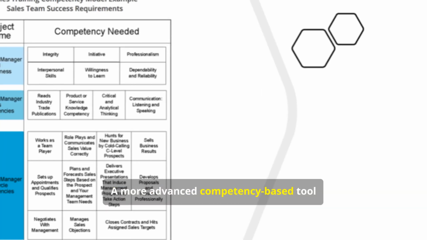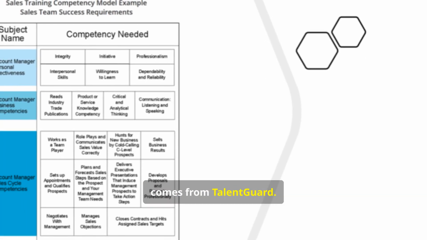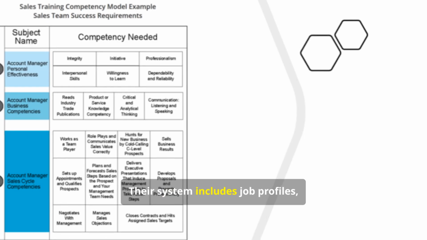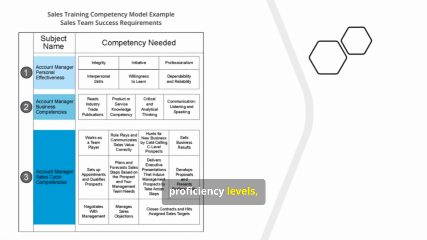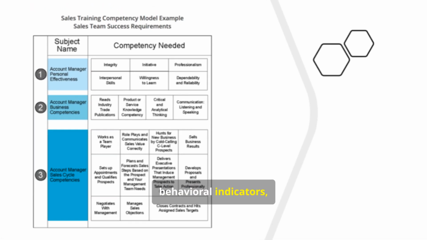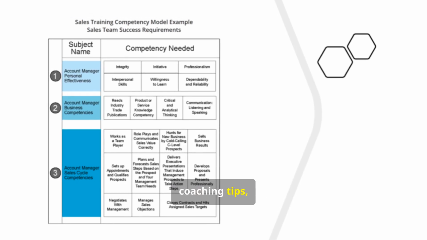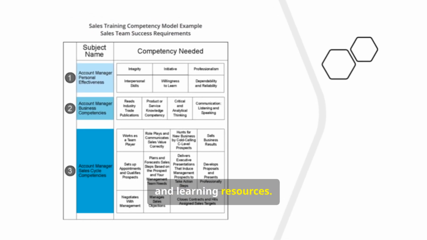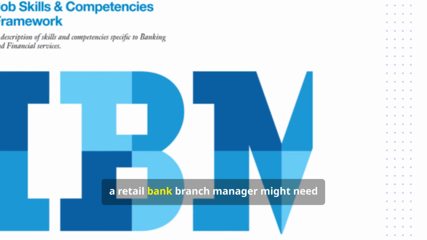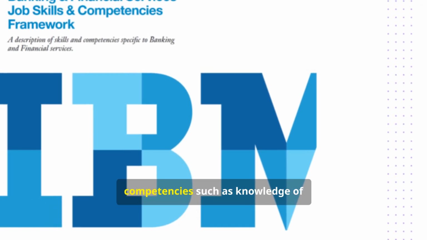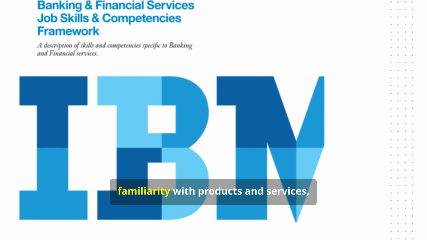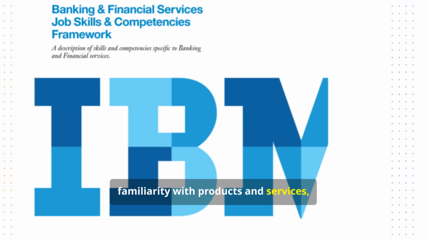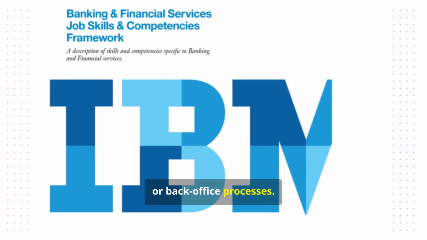A more advanced competency-based tool comes from Talent Guard. Their system includes job profiles, competency lists, proficiency levels, behavioral indicators, interview questions, coaching tips, and learning resources. For instance, a retail bank branch manager might need competencies such as knowledge of organizational operations, familiarity with products and services, or back-office processes.